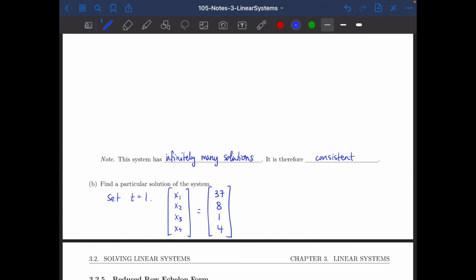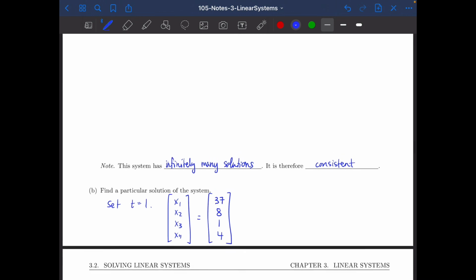This is one particular solution of the system. If I plug in these values of x1, x2, x3, and x4 into the linear system of equations, I will find that every single equation is satisfied by these numbers. This is one of the infinitely many solutions of the linear system.